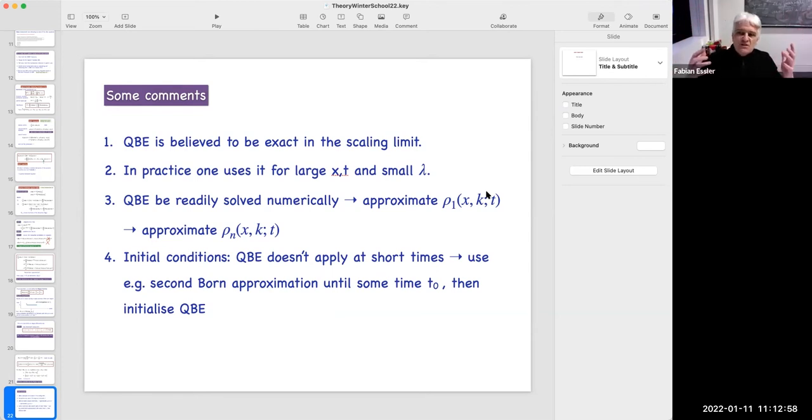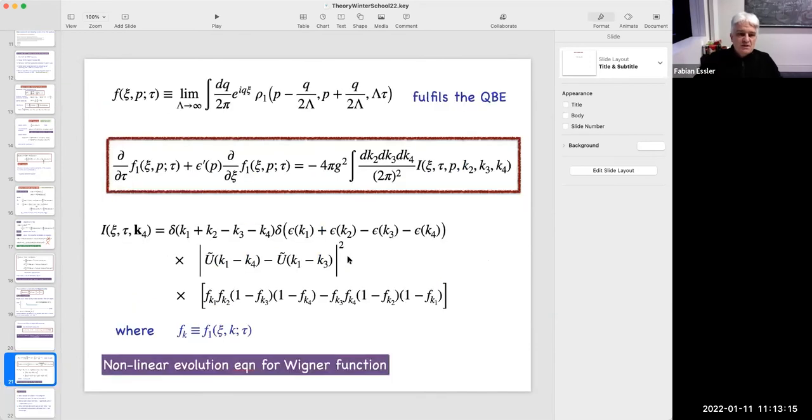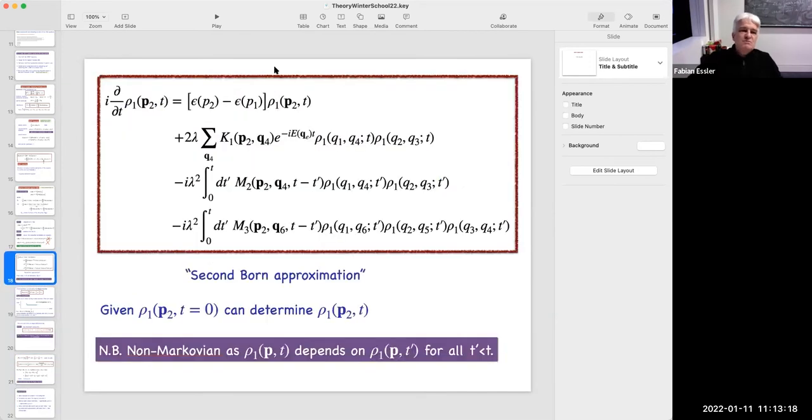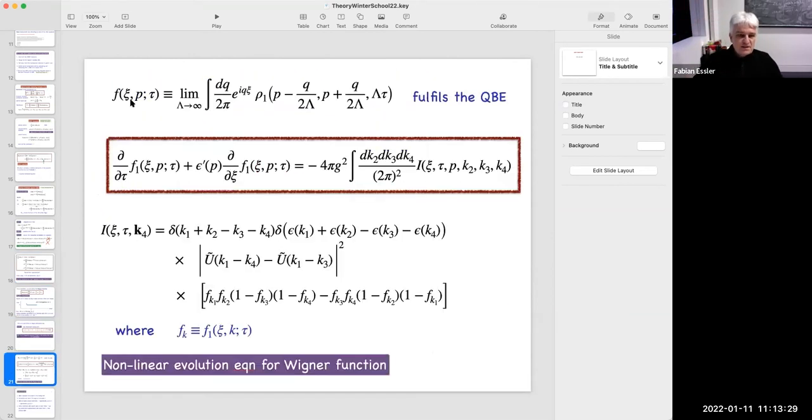In other words, it gives you a complete description of the dynamics. The final caveat: it's clear from this derivation that the quantum Boltzmann equation doesn't apply at short times. So in practice, you have to start integrating this equation for some time, then eventually get some initial condition for the Boltzmann equation, and then integrate the Boltzmann equation.